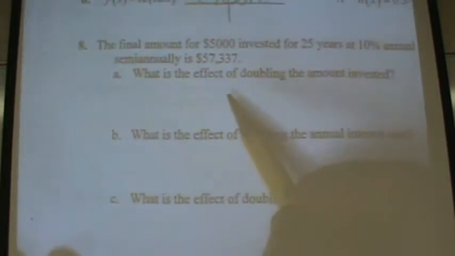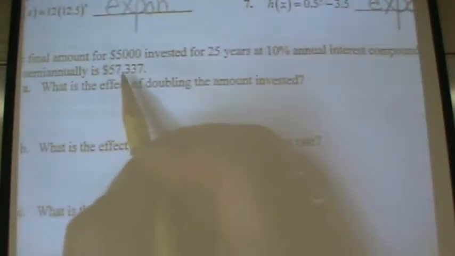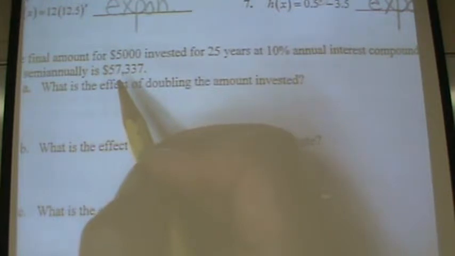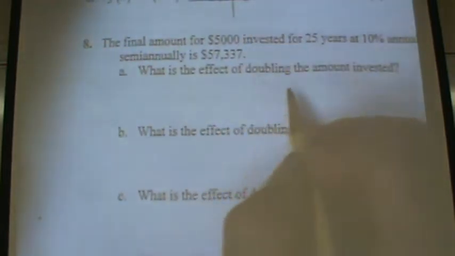If I give you the final amount for $5,000 invested for 25 years at 10% annual interest, compounded semi-annually, is $57,000. What is the effect of doubling the amount? So if I take $5,000 and I double it, how much am I going to invest if I double 5,000?